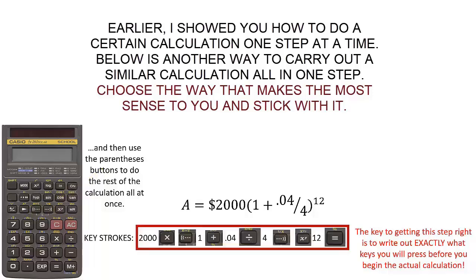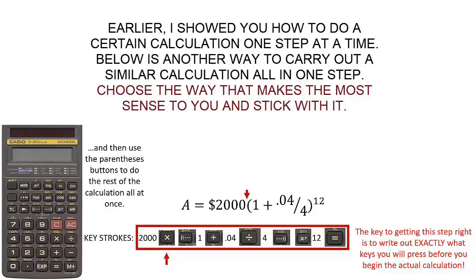If you look at this problem, these are the keystrokes, and if you write them out before you even start typing them in, you're less likely to make mistakes. So for instance, the first thing I'm going to do is enter 2,000. That's the principal. Now if you look at the formula, there's no multiplication symbol. There's an implied multiplication. When you put a number next to parentheses in our normal writing of things, that's an implied multiplication.